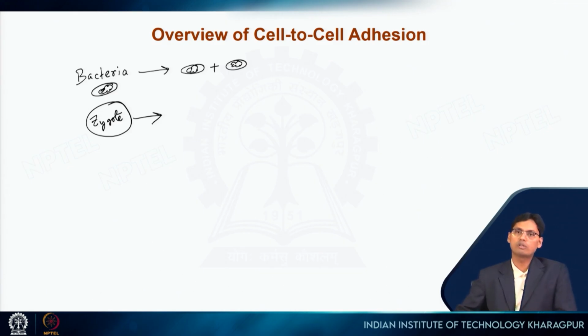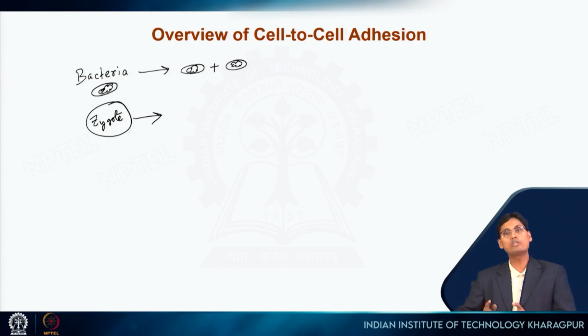And not only for multicellular organisms, even for some prokaryotes, some bacteria, it is sometimes very important. When some bacteria infect us and colonize the human body, they also need to attach to the host cell surface, right? They get attached to some kind of molecule present on the host surface.